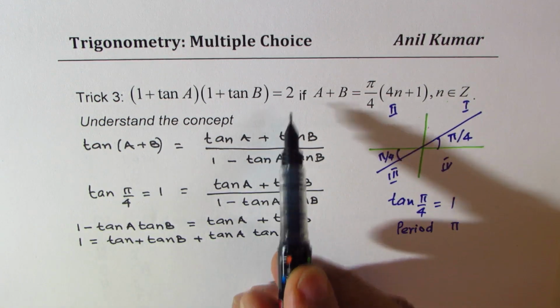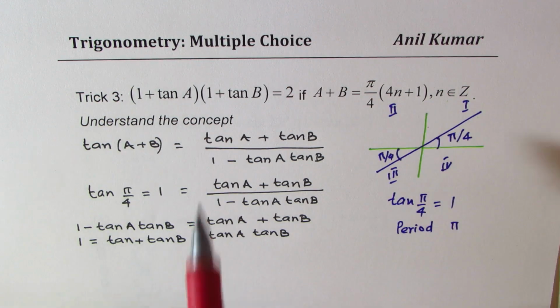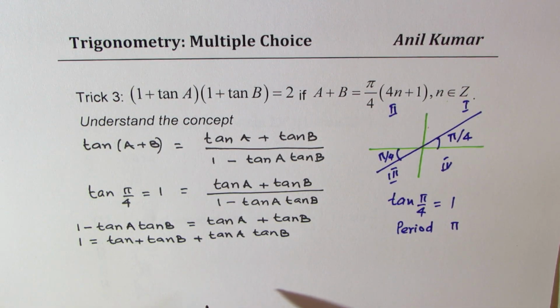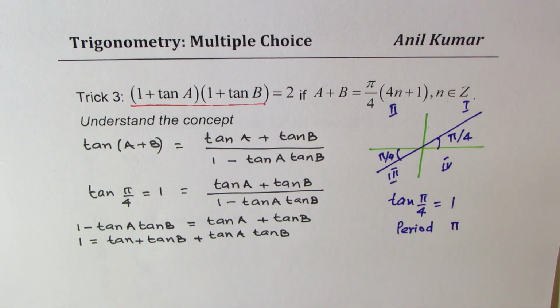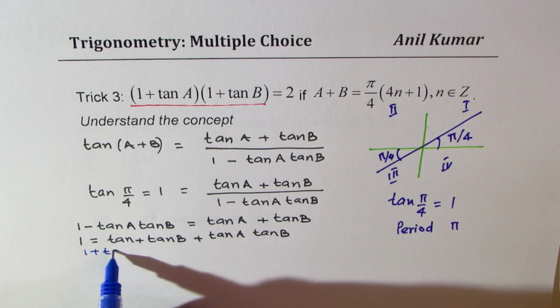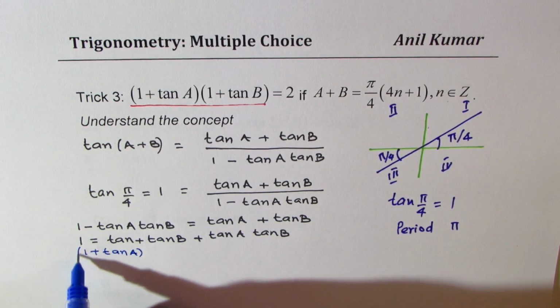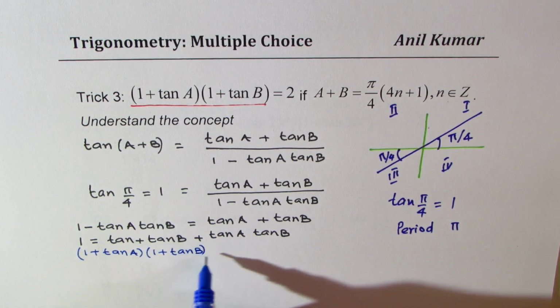Now how do I get 2? Well, let's look into it from the other side. I don't really want to factor this and get that. So what I will do here is basically expand this one. So let me expand. What is (1 + tan A) times (1 + tan B) equal to?